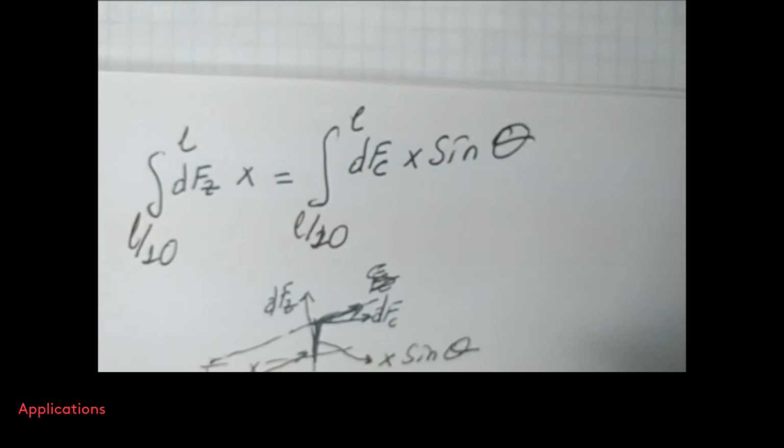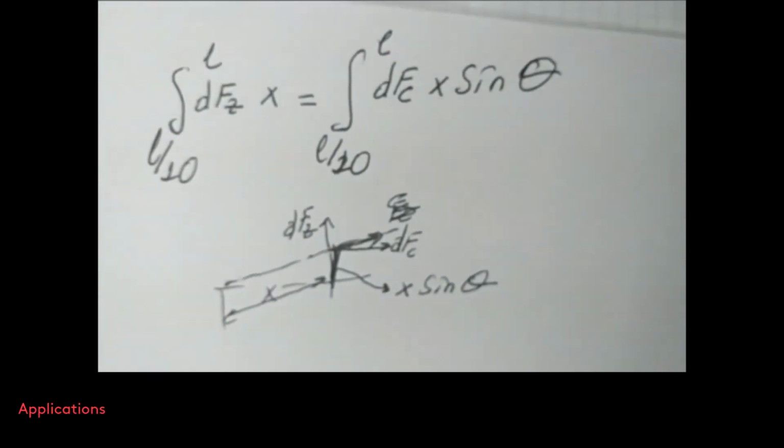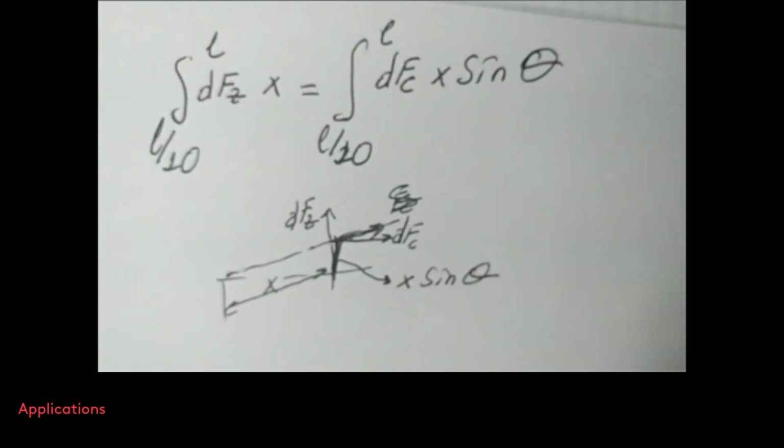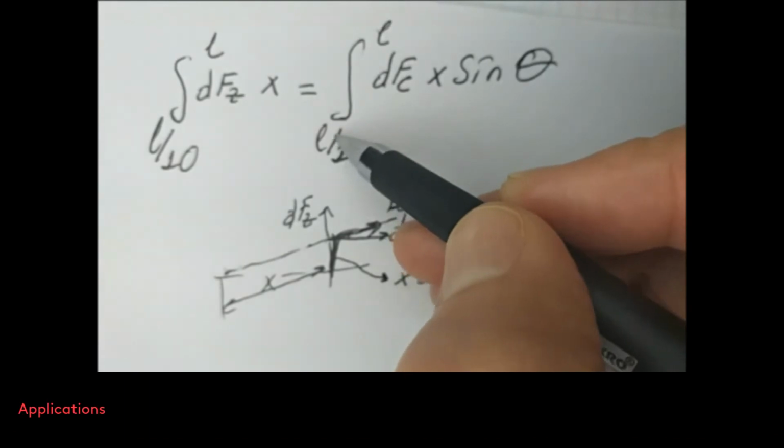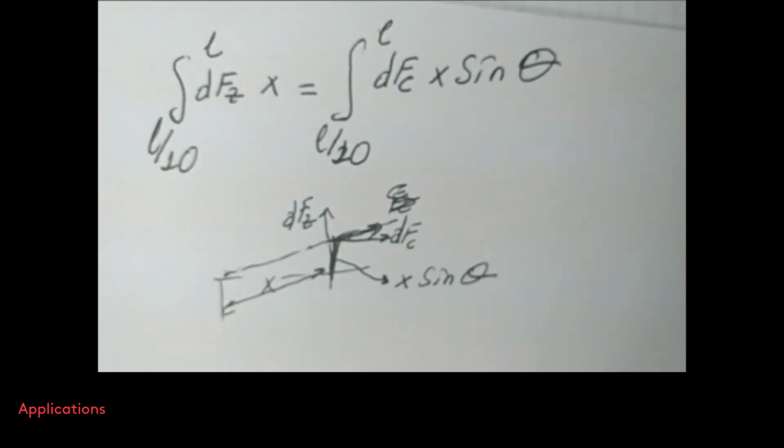So these are the forces that act on a blade element, and if we integrate along the blade, as in the formula, we will obtain the moment equilibrium.